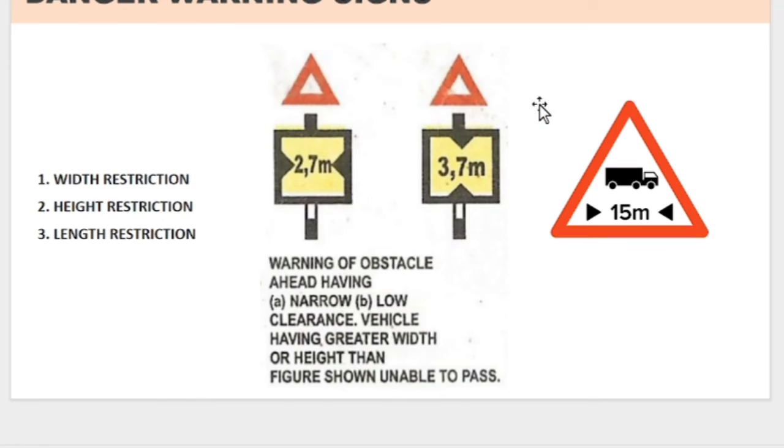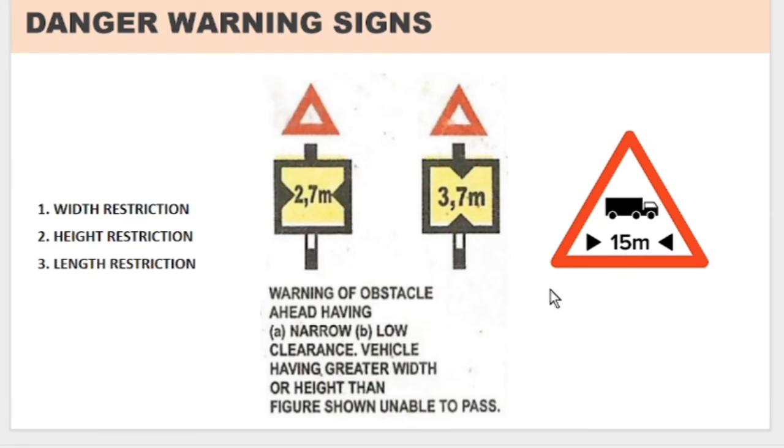Okay, now another sign is the length restriction, right? As you can see, this shows you that from the front to the back of the vehicle is 15 meters. So it means that your vehicle should not be greater than 15 meters when you come across this sign.